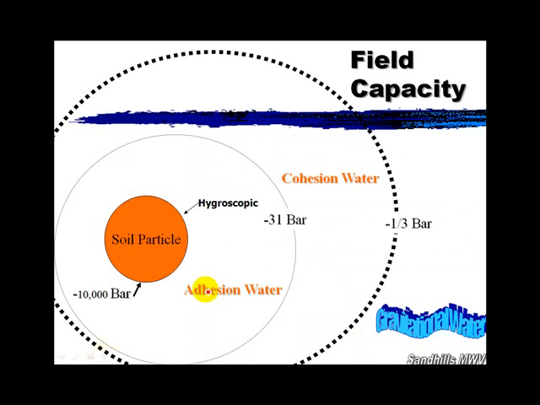You should also have a good understanding of what hygroscopic water is, what adhesion water is, what a bar is and how it converts to psi, what cohesion water is, what gravitational water is, and what field capacity is. All of these terms should be definitions that you have a working knowledge of.